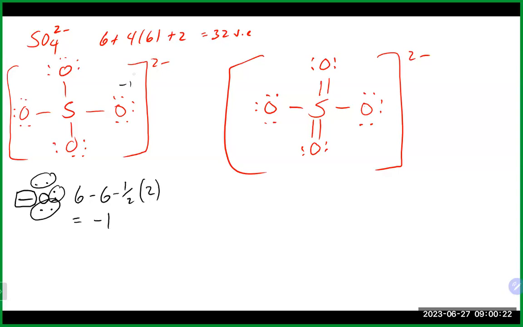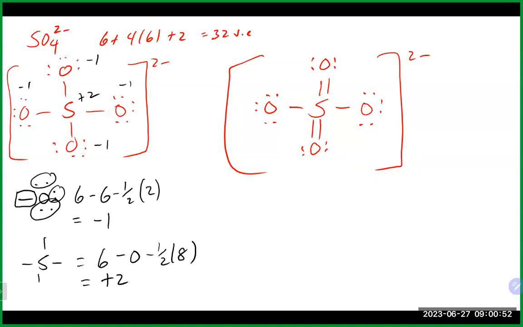So each of these oxygens that are single bonded will carry a -1 formal charge in this particular case. If we look at our single bonded sulfur in this case, that is 6 for the sulfur minus 0, as there's no dots, minus 1/2 of 8 for each of the lines, or the total of all the lines together. And that gives us a 6 minus 4, a +2 formal charge on this guy.